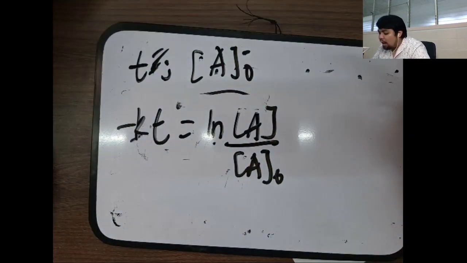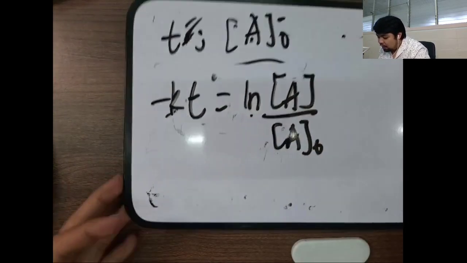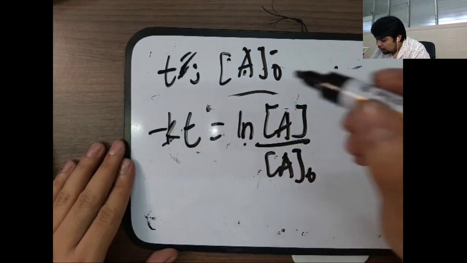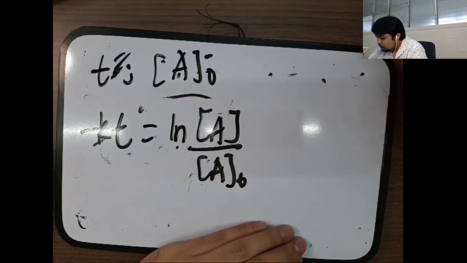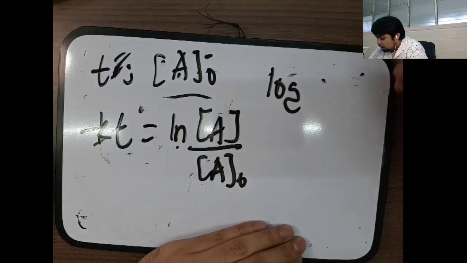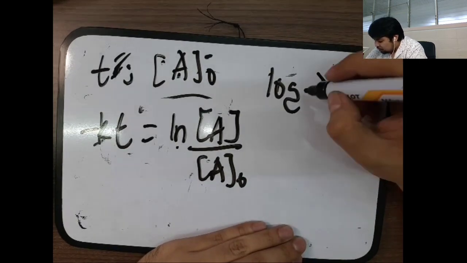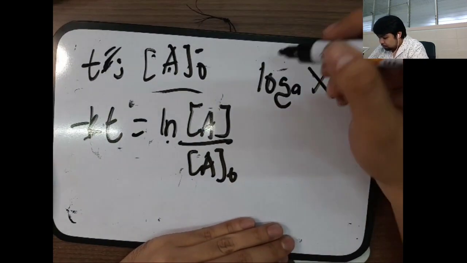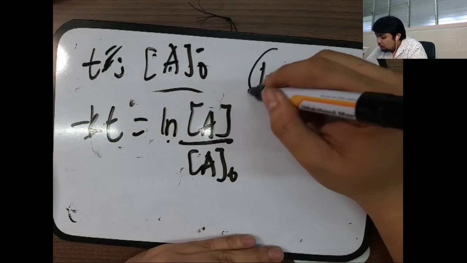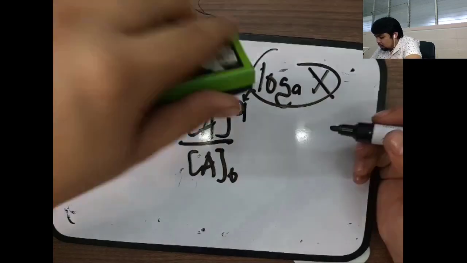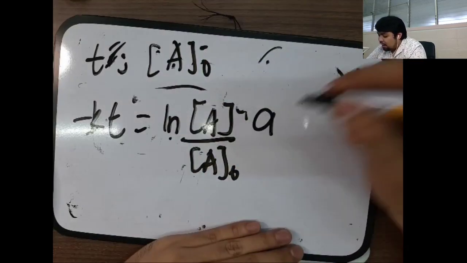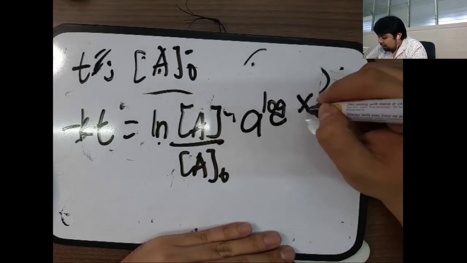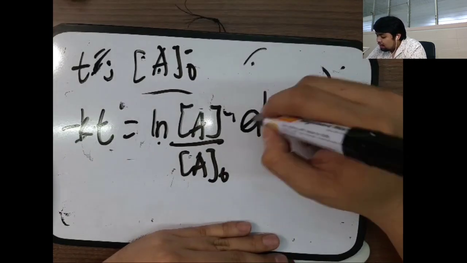Now, in our logarithmic laws, when a certain number A is raised to the logarithm of x base A, they will cancel each other out.